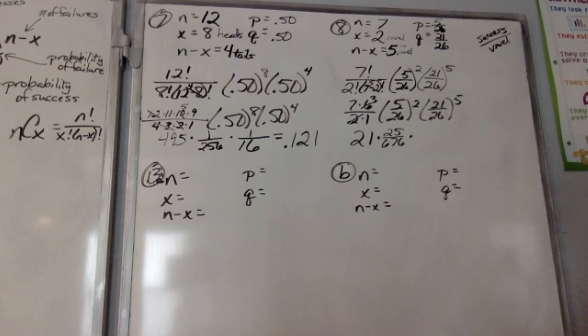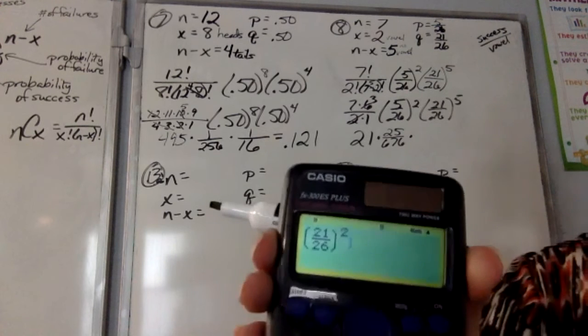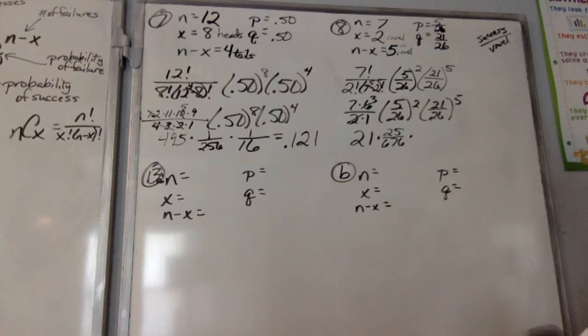Be careful if you are squaring a fraction that you put the fraction in parentheses when you square it or raise it to a power. Because if you don't, it's only going to do part of the fraction, not the whole thing.